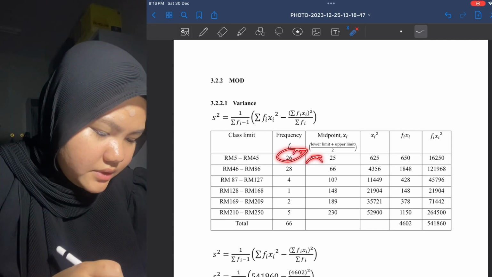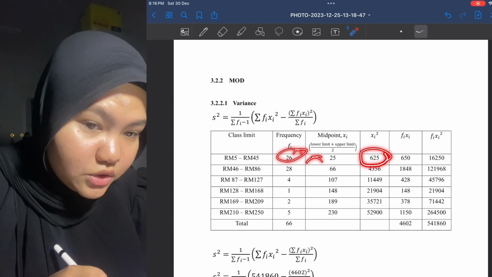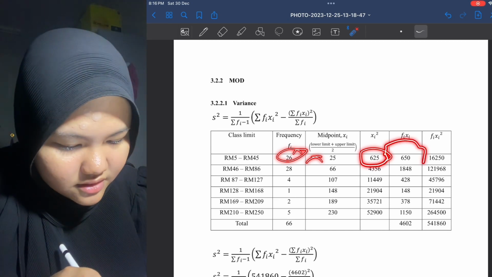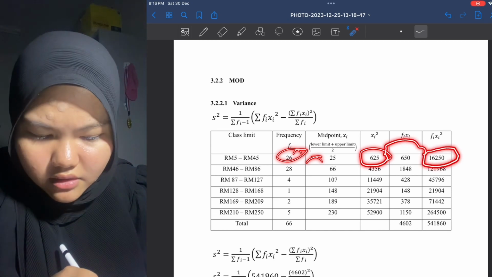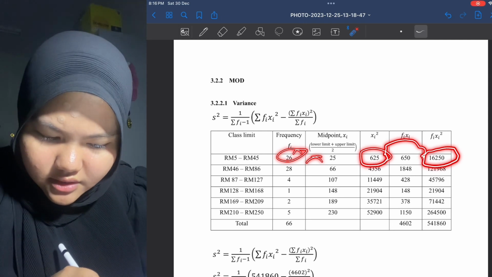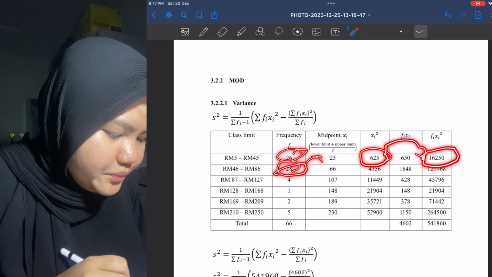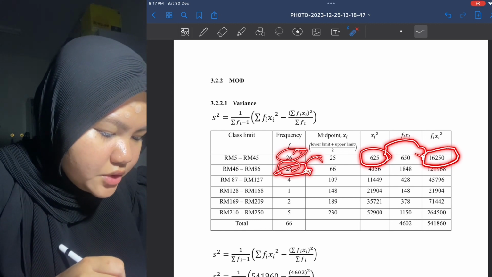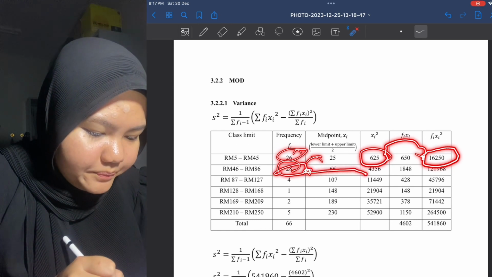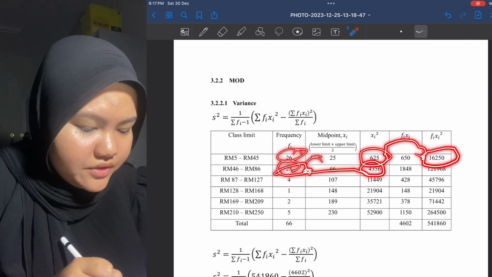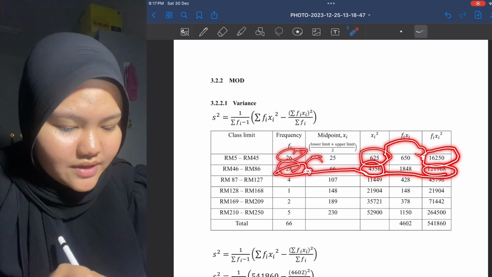26 multiplied by 625, you will get 60,250, and you will do the same. 28 multiplied by 4,356, you will get this value.